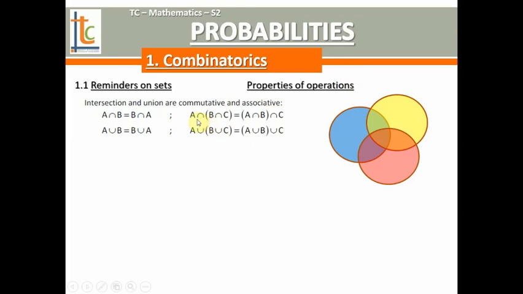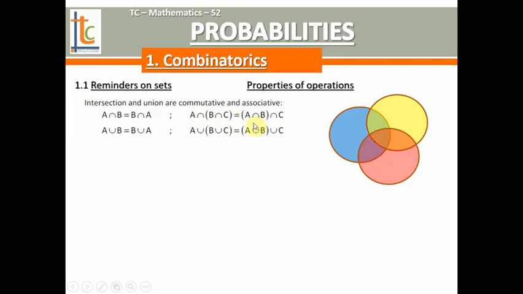If you want to talk about this formula in particular, you have to intersect B and C. So the area in my graph is this one. If you now want to intersect A with this first intersection, you look at the common part of this intersection and the set A, and what remains is the central part.